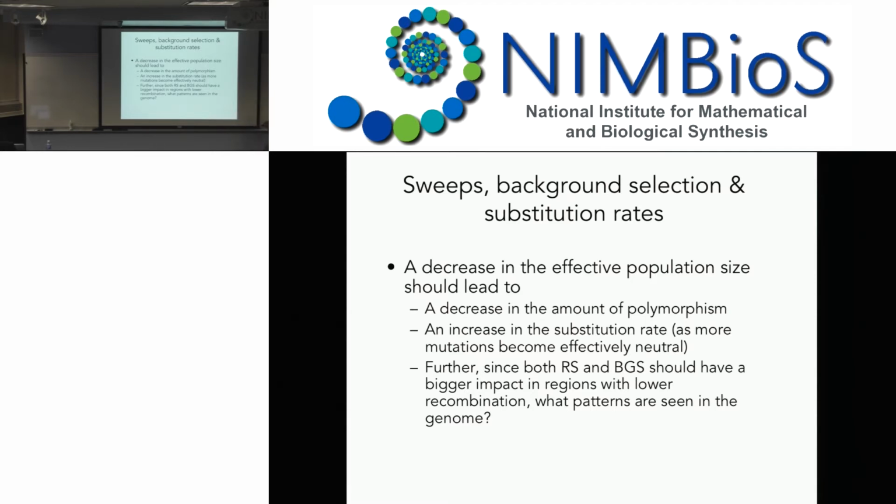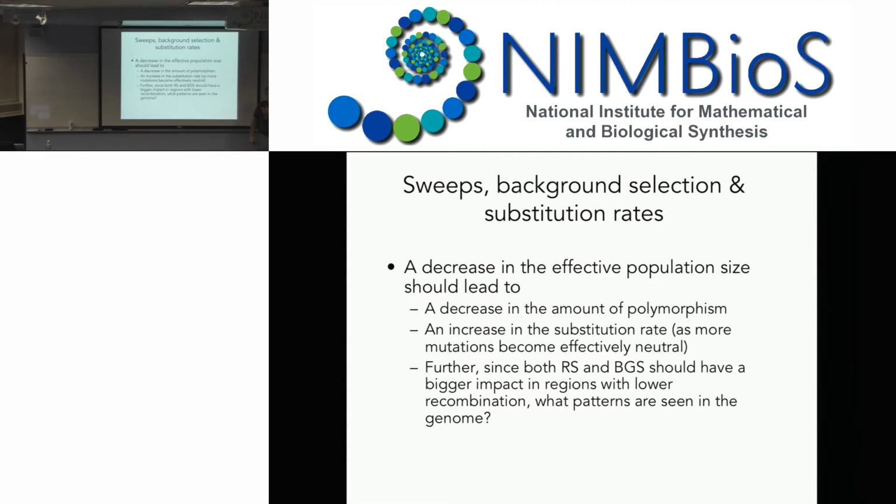So what are the consequences of that? Well, number one, a decrease in the effective population size leads to a decrease in the amount of polymorphism, remember 4 N_e mu. It leads to an increase in the substitution rate if you believe that most mutations are deleterious, because remember, if I decrease the effective population size, it means that a higher fraction of deleterious mutations now behave as if they're neutral.